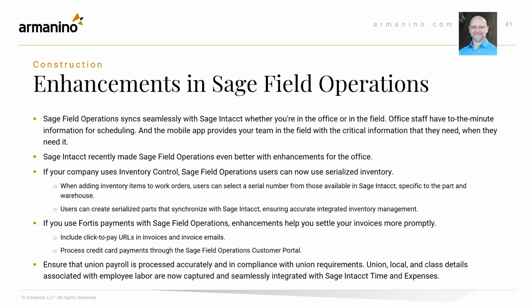If your company uses inventory control, SFO users can now use serialized inventory. If you use Fortis payments, SFO enhancements help you settle your invoices more promptly and ensure that union payroll is processed accurately in compliance with union requirements. Union, local, and class details associated with employee labor are now captured and seamlessly integrated with Sage Intacct time and expenses.